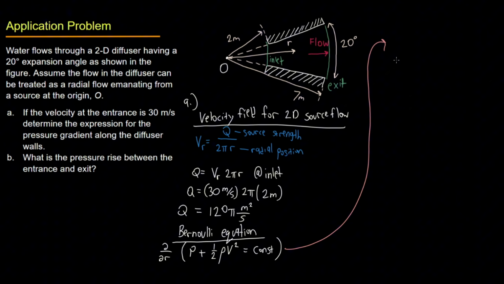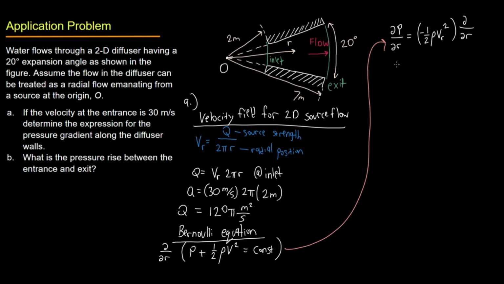And the expression we're going to get is dp/dr is equal to negative 1/2 rho v squared, where this v is going to be v radial, and all of this will be, again, derived with respect to d/dr. And the reason there's no constant here is because when you take the derivative of a constant, you get 0. And so we can just immediately take that out. It's as though we've already evaluated the derivative there.